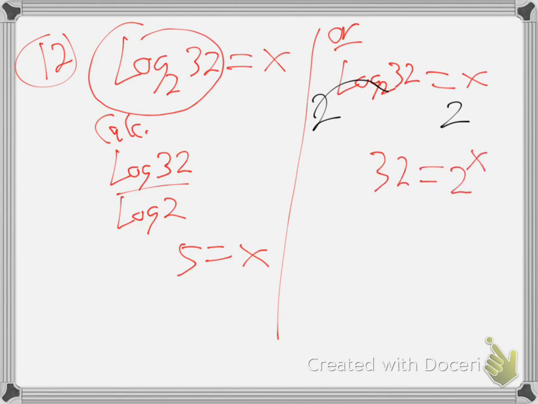And then, how are you going to solve that? 2 to what power is 32? Well, you can just try it on your calculator. Just go 2 times 2 times 2. You'd find out it takes 5 times. X is 5, same answer. Either way. Easier just doing your calculator, of course. Is that making sense? I feel like I'm going pretty quickly through these. Is this okay?